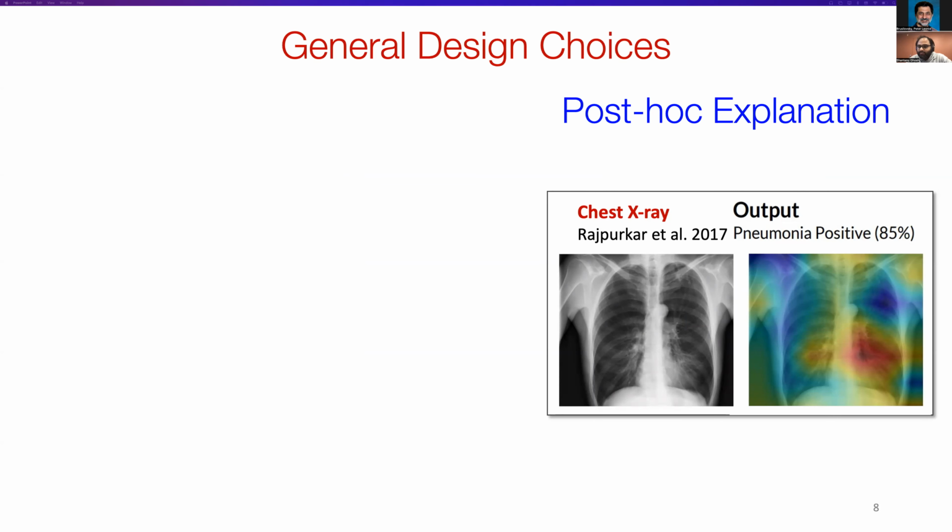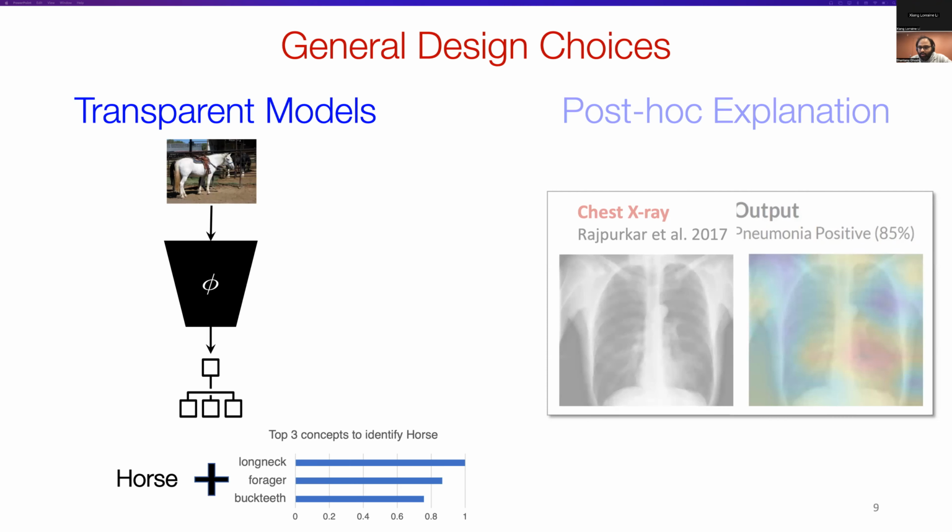There are many different feature attributions, for example CAM and GradCAM, which highlight the important pixels that play a key role in the model's decision. For example, in this chest X-ray, in order to say that this patient has pneumonia, it is highlighting those red pixels.